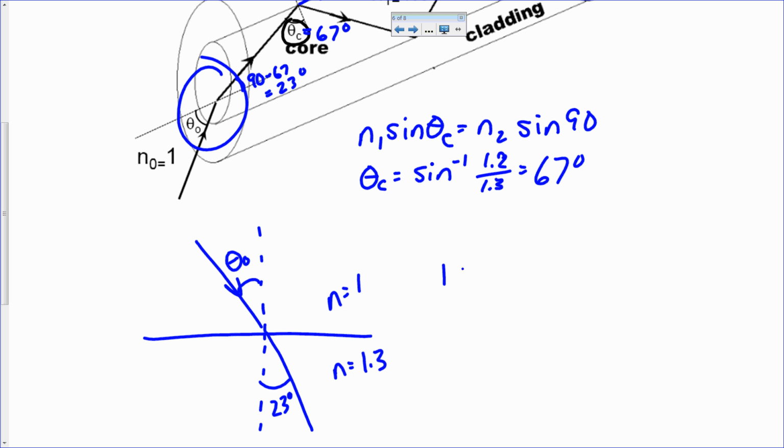So I'm going to have 1 sine theta naught, where theta naught is the angle that I want, equals 1.3 sine of 23. So theta naught is the inverse sine of 1.3 sine 23. I get 31 degrees.